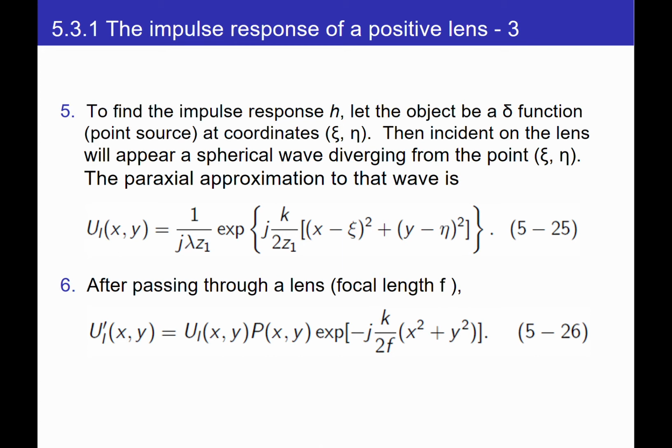To find the impulse response, let the object be the delta function, so that it is a kind of point source, at the coordinate xi, eta. Then the field incident on the lens will appear as a spherical wave. We have a point source at xi, eta, light comes in, and then we have a lens.